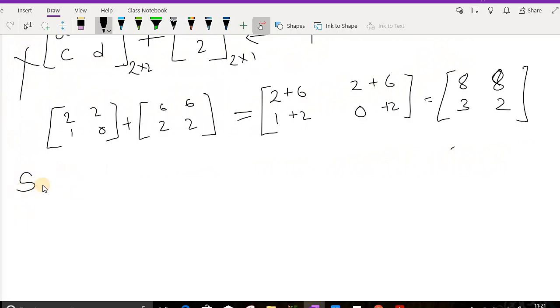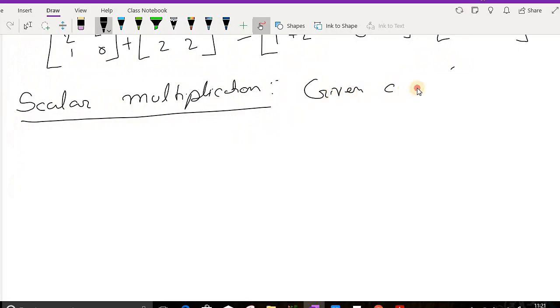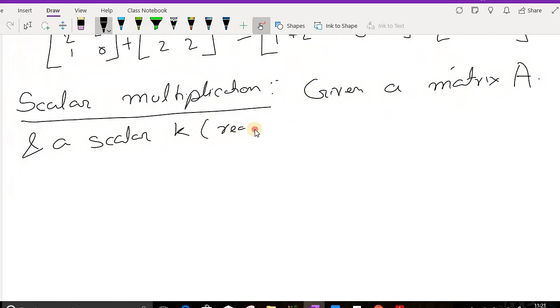Next, you have scalar multiplication. What is scalar multiplication of a matrix? Given a matrix A and a scalar K, scalar means a real number or a complex number.